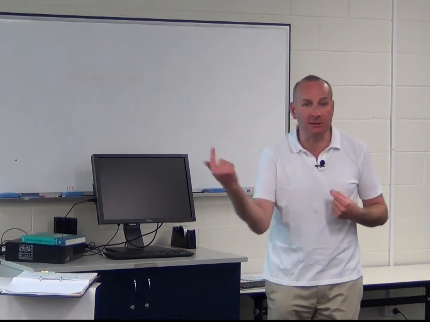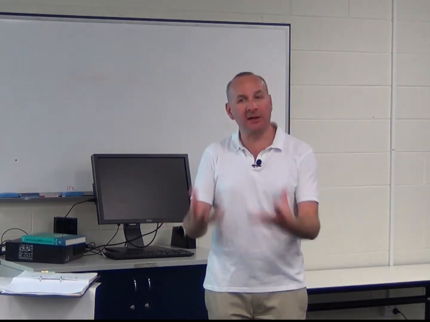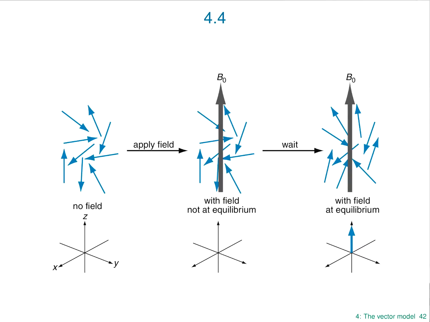So the spins are distributed randomly in x and y, and when you add up the magnetization in that direction, there's no magnetization in the xy direction. So you put the sample in the magnetic field, you wait for it to come to equilibrium, and lo and behold, this bulk magnetization appears along the z-axis. The vector model is all about what happens to that bulk magnetization. From this point onwards, we stop thinking about the individual spins and focus on this bulk magnetization.